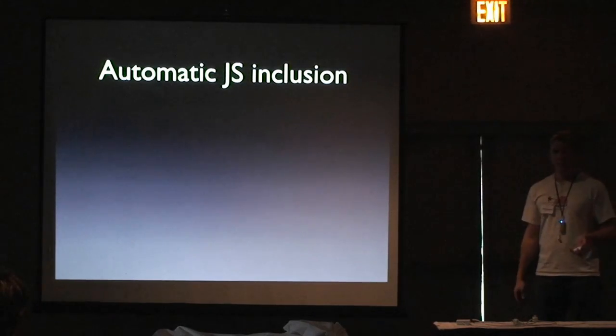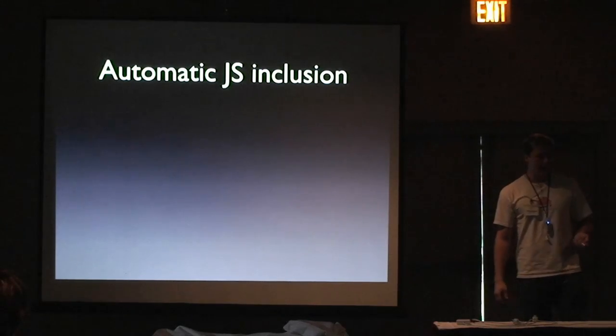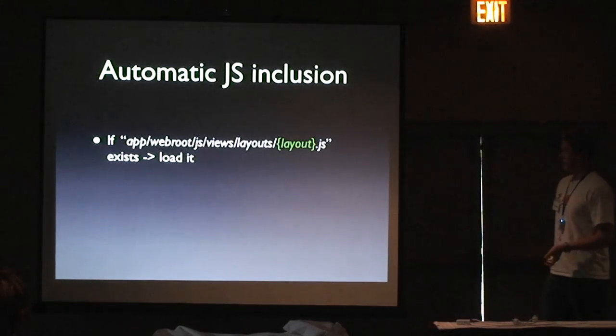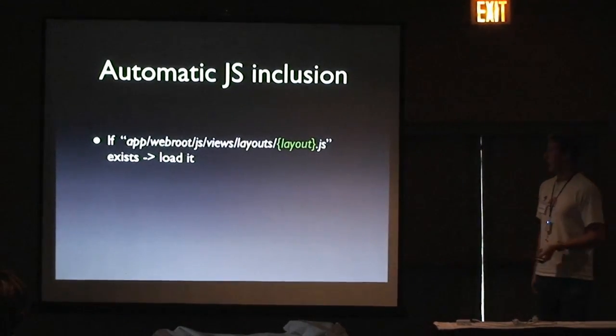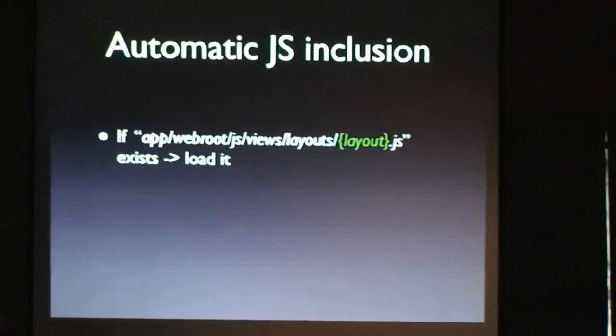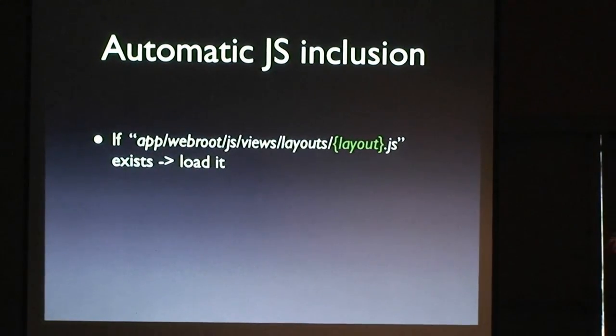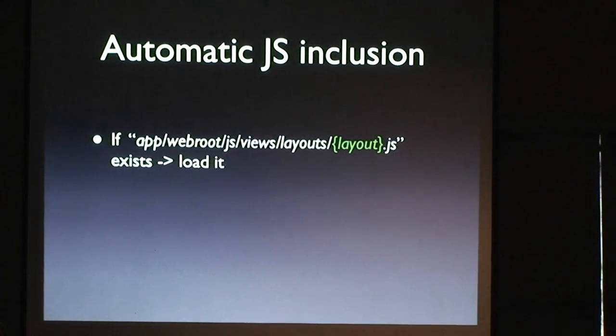Another technique I use for including JavaScript is what I call automatic JavaScript inclusion, and it's pretty simple. Basically, whenever I load a view, I check, is there a JavaScript file in app/webroot/js/views/layout, and then the name of the layout.javascript. So what this does, it's basically a simple way of having one JavaScript file for each layout loading dynamically, so you don't have to worry about it.